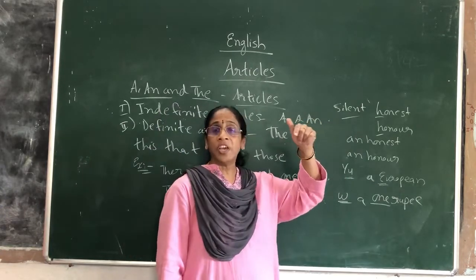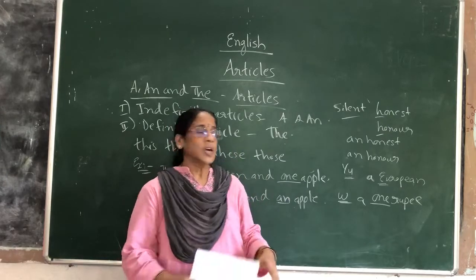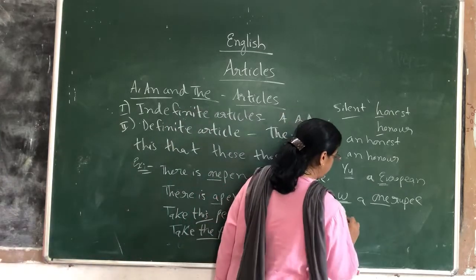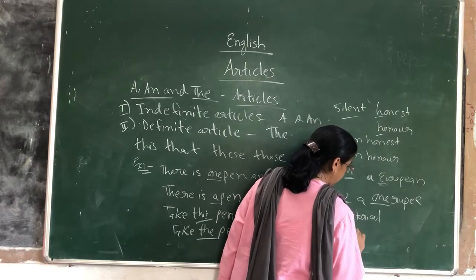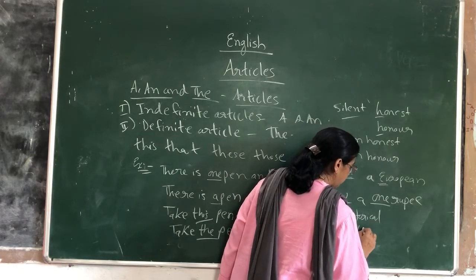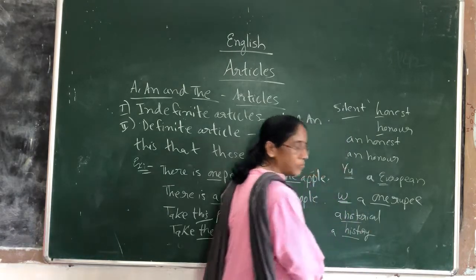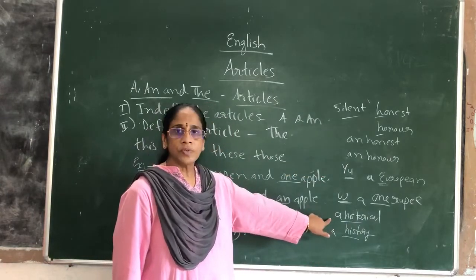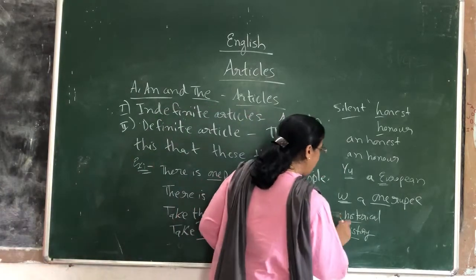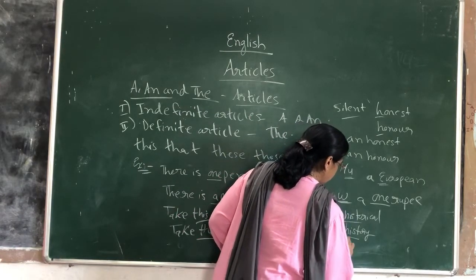And one more point, where the word starts with a consonant sound, but the first syllable is not stressed, like an historical. Here we are not stressing. History, historical. So when the first syllable is not stressed, you should use an.